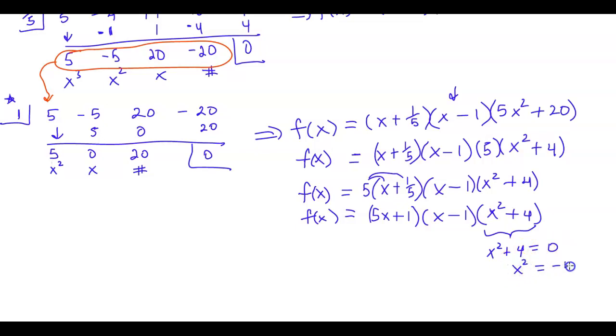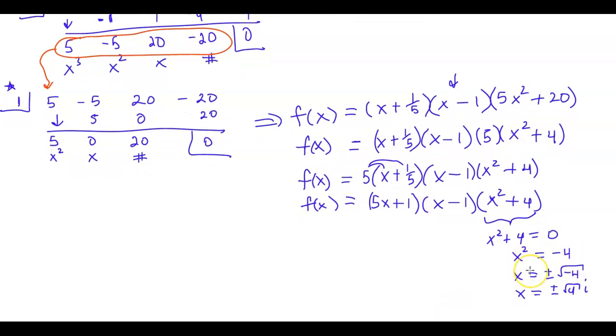And then I notice that whenever I find the principal root, this will be plus or minus square root of minus 4. And of course, this lets me know that this is going to be an imaginary number. So this will be plus or minus square root of 4i. And the result of that would be that x is just plus or minus 2i.